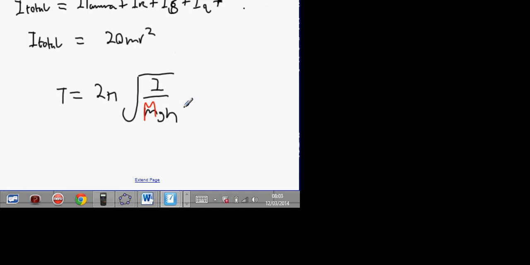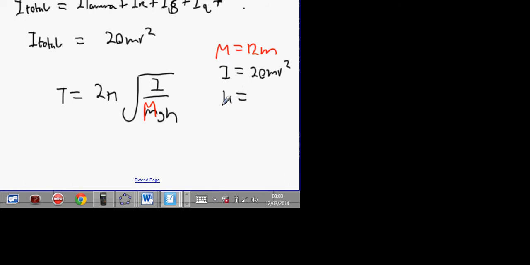I is the inertia of the full system, which is 20 mr squared. h is what we talked about earlier. It represents the distance of the full system's center of gravity, the line of action of the force, away from the pivot point. We proved that to be r at the very beginning.